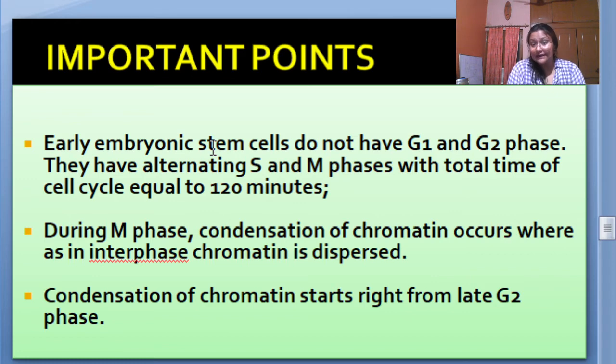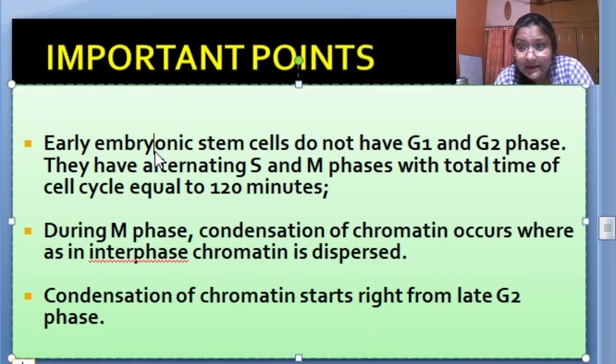But at that time the cell size remains the same, while the cell number increases. It is known as cleavage, not cell division, because the size of the cell is not increasing. Normally, when the cell grows, only then does the cell need to divide.